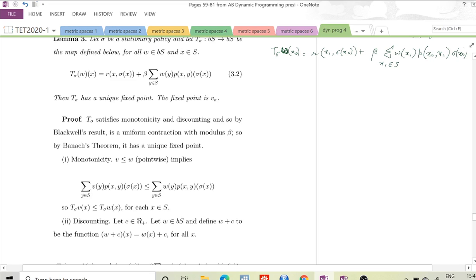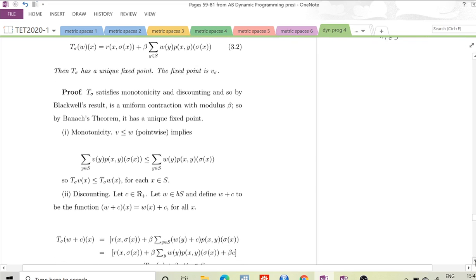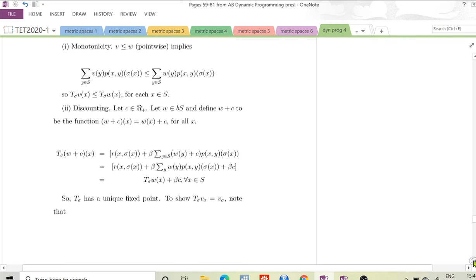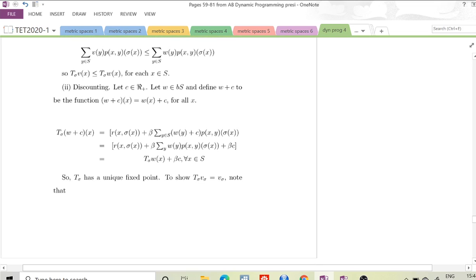So I've changed this to a C. Okay, so it's easy to see that T sigma also satisfies discounting. Okay, so it has a unique fixed point, and we've already shown that the fixed point is V sigma.